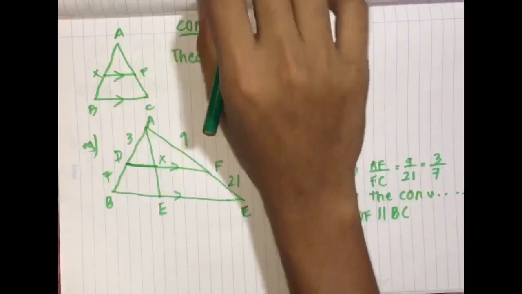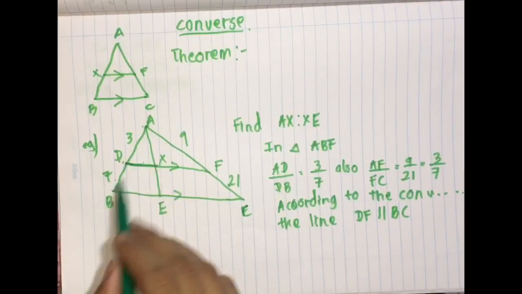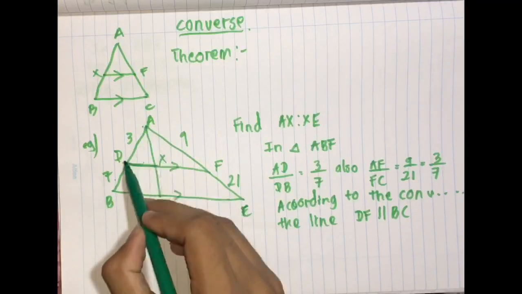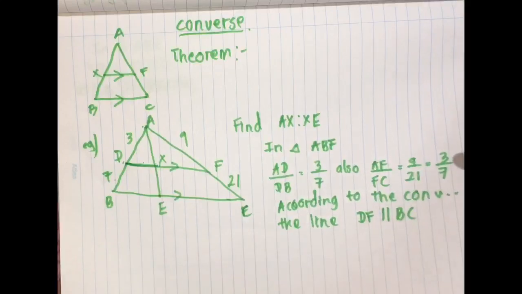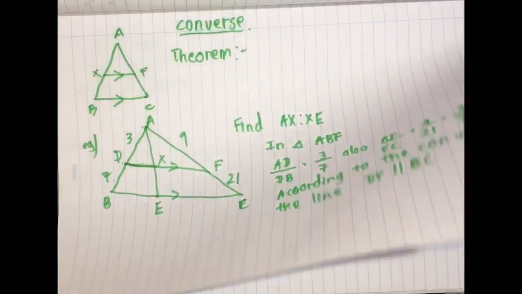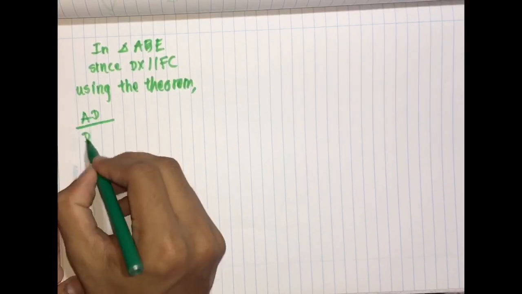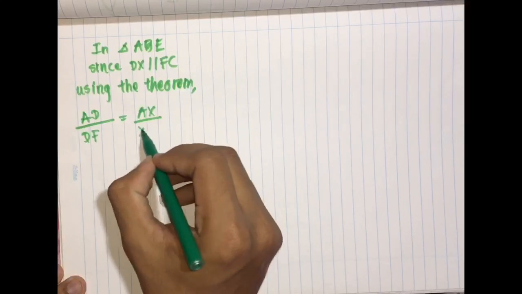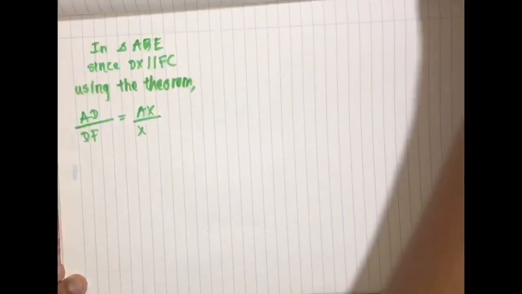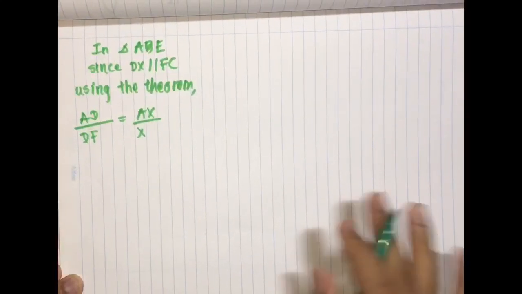You can say that this line cuts the other two sides in the same proportion. That means AD over DB and AX over XE are both equal. The ratios are equal. Therefore, AD over DB is equal to AX over XE.